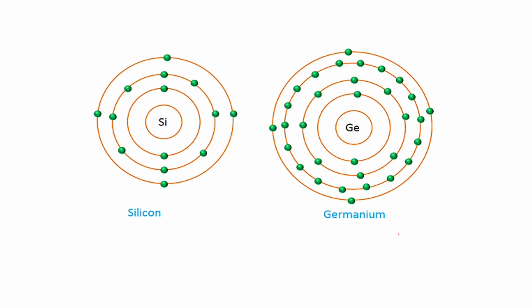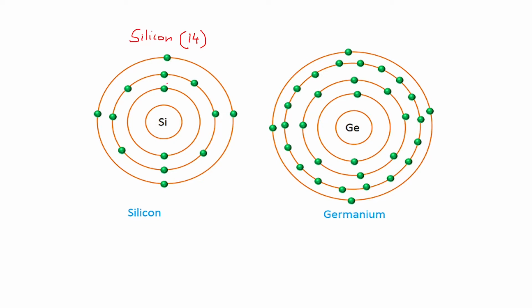Then we will see the atomic structure of the silicon atom and the germanium atom. The first one we have shown is the silicon atom. It has a central nucleus, and around the nucleus you have orbits, and in those orbits you have electrons. In silicon there are 14 electrons. How are these 14 electrons distributed?